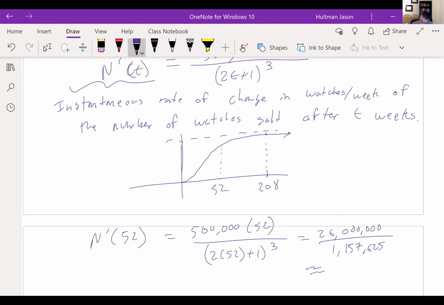So 26 million divided by 1,157,625. I'm getting about 22.5 watches per week. That's about how many watches I'm going up per week.